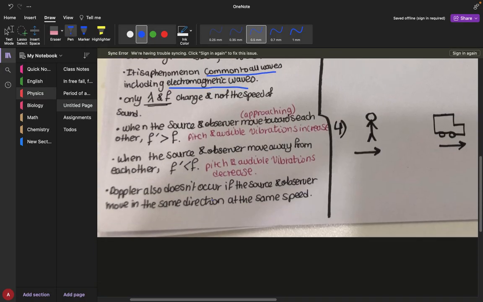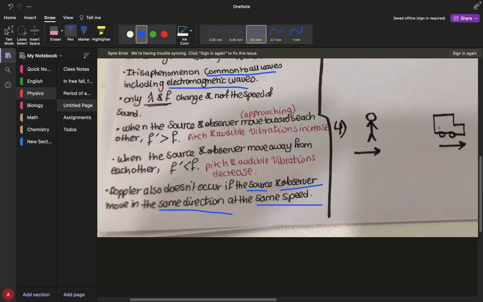It also does not occur if the source and the observer move in the same direction at the same speed. So there needs to be a change there. Let's say the observer is in the source's car, say in the ambulance with a siren.